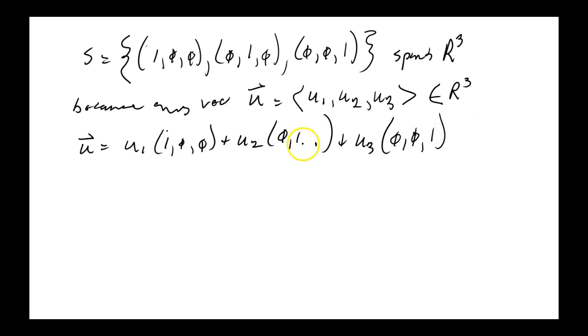I should either use parentheses or vector notation; I wrote them the way the book did. So any vector u in R3 can be written as a linear combination of those three vectors.